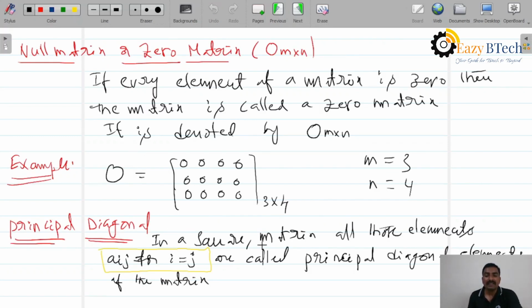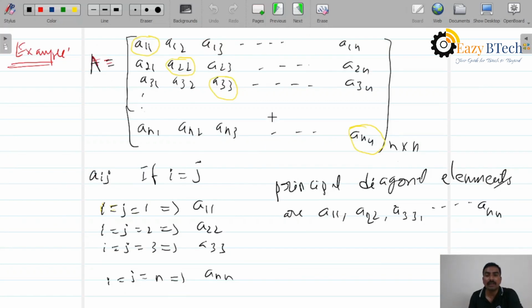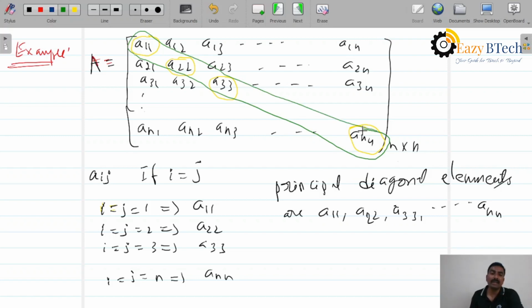In a square matrix, all the elements Aij for i equals j are called principal diagonal elements of the matrix. That means for the principal diagonal we take only the elements where i equals j, which are only on the diagonal. This is called the diagonal. If you observe clearly here in the square, this is the diagonal. This diagonal is called the principal diagonal. These elements are called principal diagonal elements.